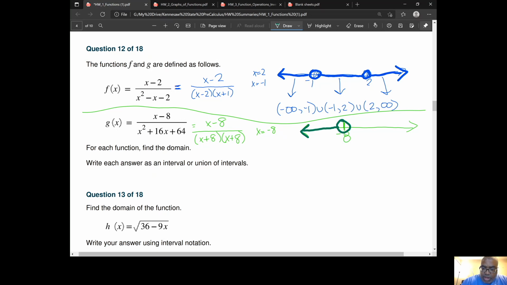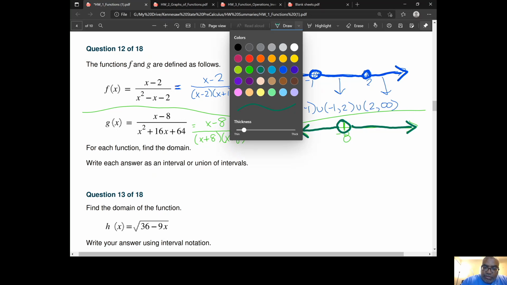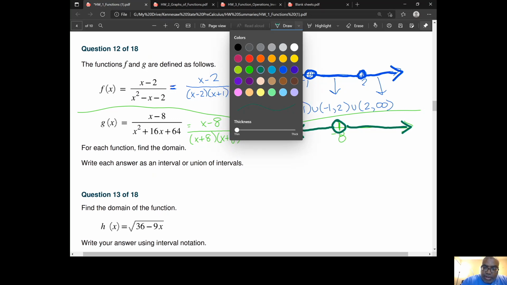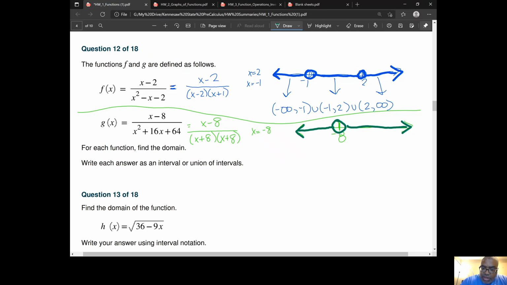We don't include negative 8. And then we go into positive infinity. In interval notation, and again, the number line helps us understand it, we have negative infinity to negative 8, union negative 8 to infinity.